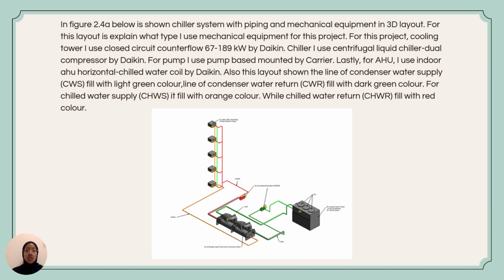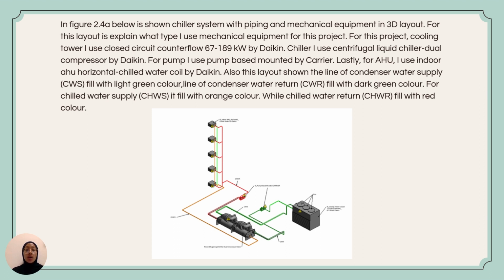For cooling tower, I use closed circuit counterflow, 16.7 until 189 kilowatt by Daikin. And chiller, I use centrifugal liquid chiller, dual compressor by Daikin also. For pump, I use pump base mounted by Carrier. And lastly, for air handling unit, I use Indoor air handling unit horizontal chill water coil by Daikin.